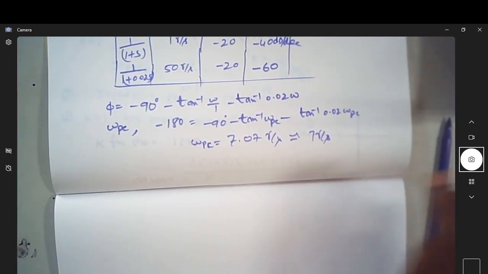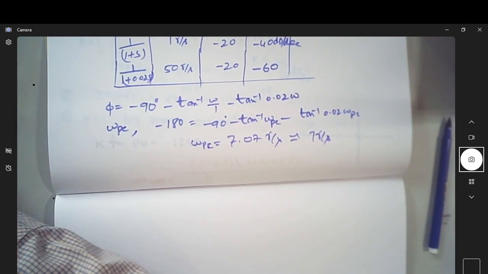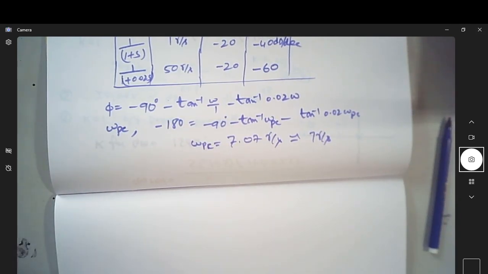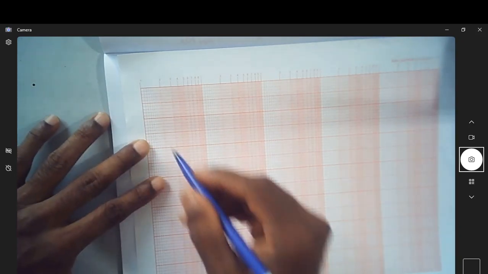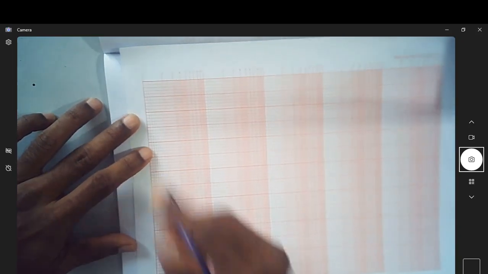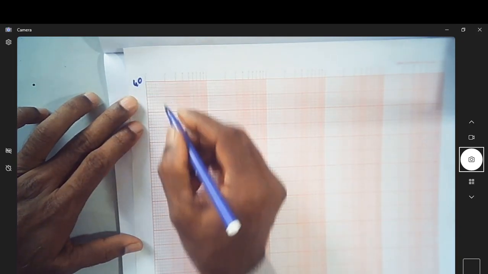So let us plot the graph and try to find out what is the gain margin, that is the magnitude at 7 radian per second, which we can find theoretically also. Since we are asked to plot the Bode plot, let us plot it. Let us take the magnitude as 40 dB at the top.